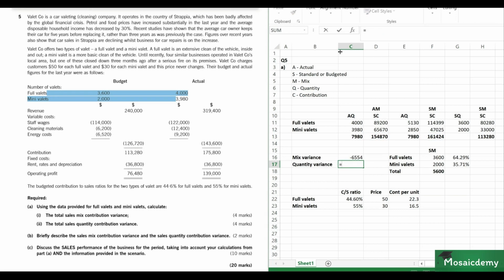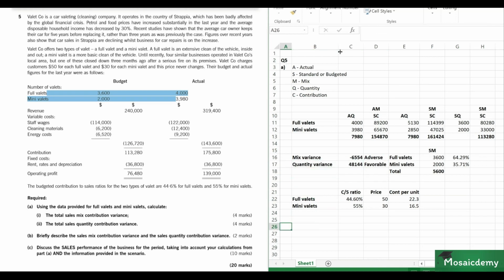And the quantity variance will be the second total minus the third. So we have an adverse variance of 6,554 for mix and a favorable variance of 48,144 for quantity, right? Let's just be clear about that. Even though the negative sign does give it away, let's just mention that as well for the examiner's reference so that we're very clear. Okay, so that's done.